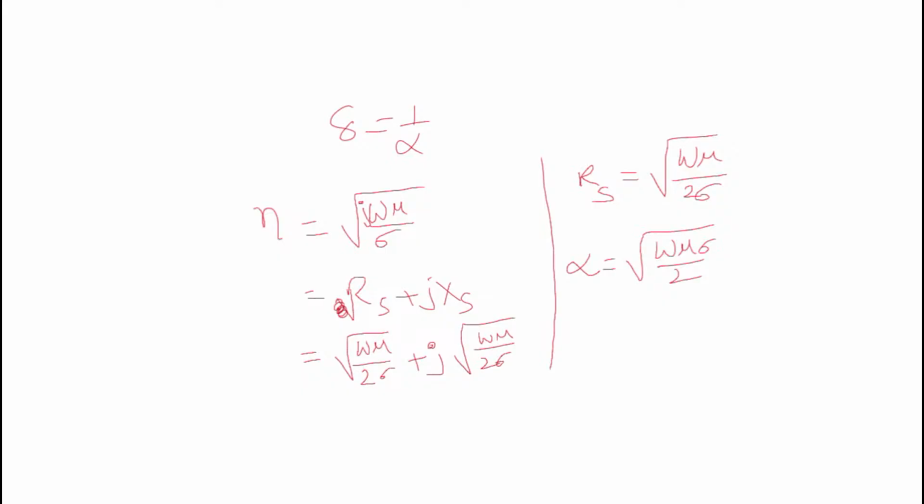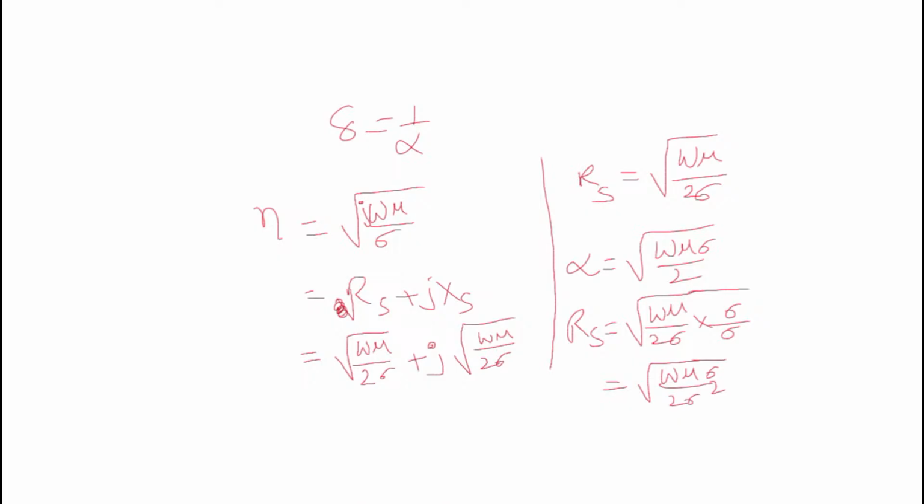Here, omega mu sigma by 2. If I write here sigma by 2, I will get this alpha. Therefore, I am writing this RS as under root omega mu by 2 sigma into sigma by sigma. Then I can write this as omega mu sigma by 2 sigma square.